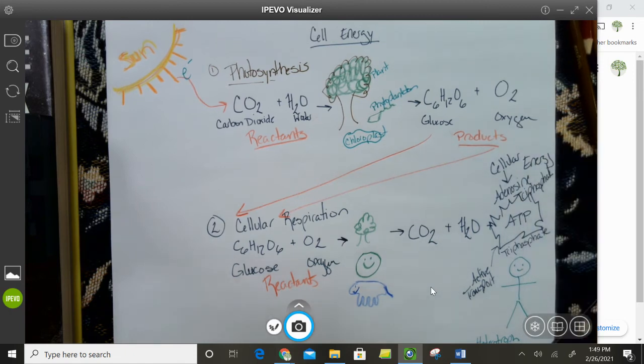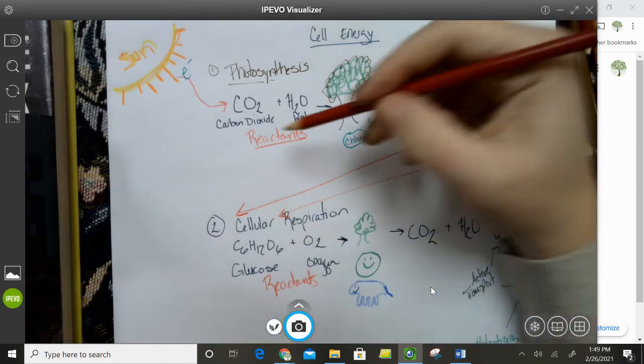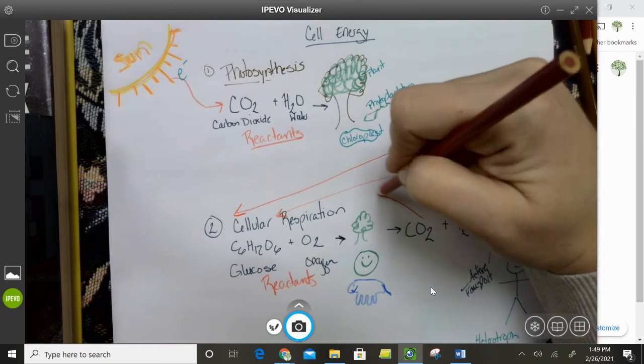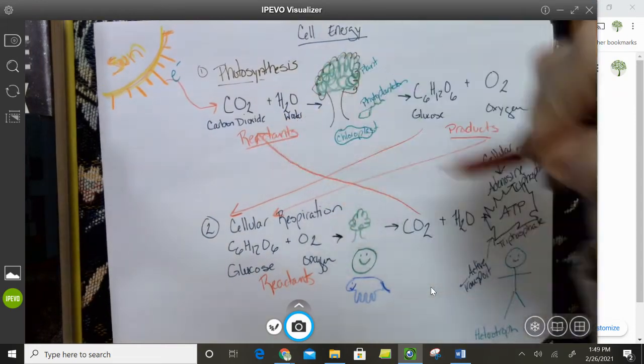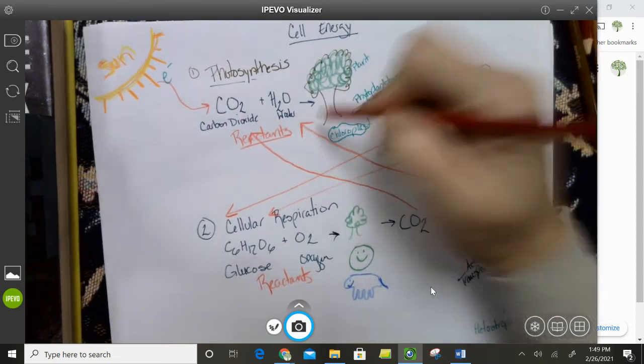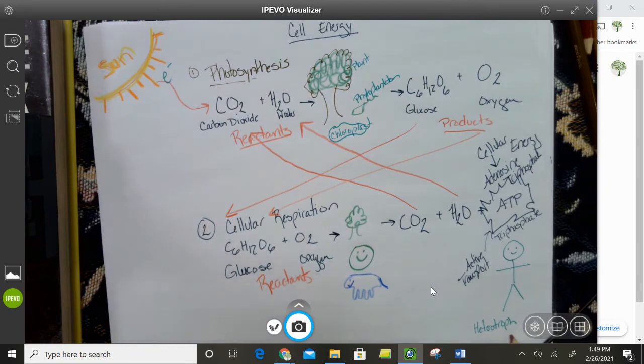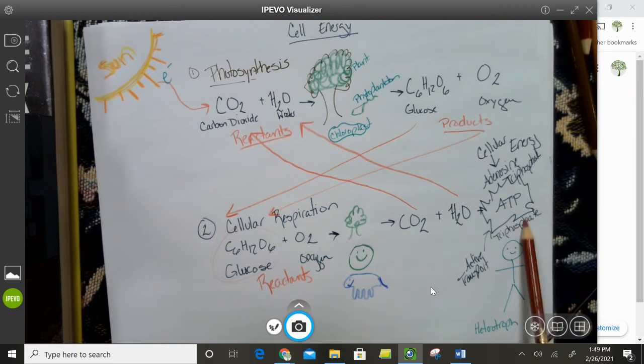And that is how the energy goes from the sun to the organisms that can't undergo photosynthesis because we're heterotrophic. We need to eat something in order for those energy conversions to take place.